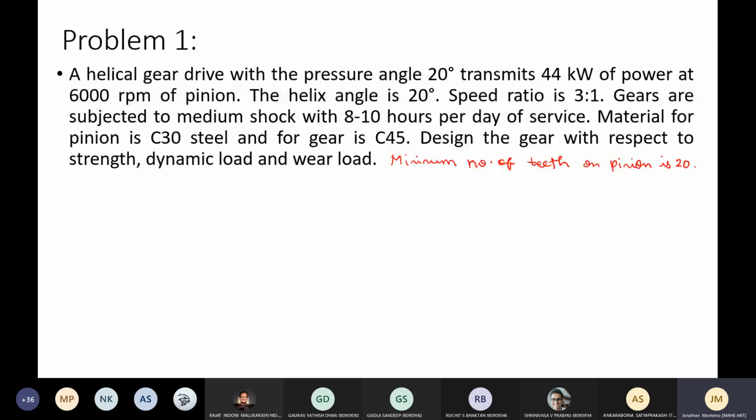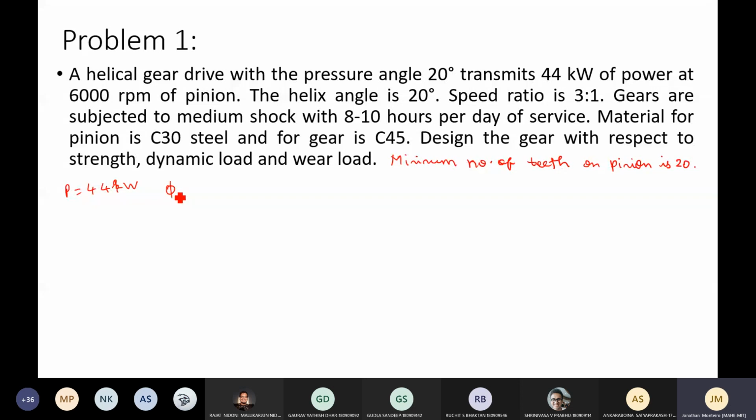Okay, so let us start discussing this. It's a helical gear drive with pressure angle 20, transmits 44 kilowatts of power. So let me write down with the nomenclature. Power requirement is 44 kilowatts. Pressure angle is 20, so phi or alpha.